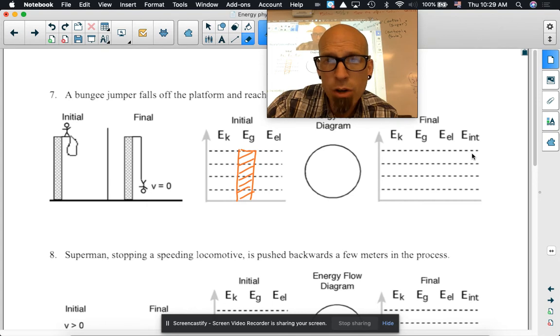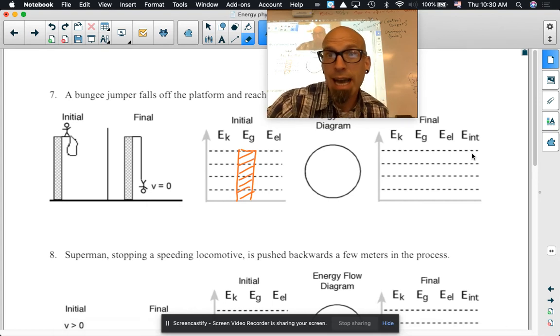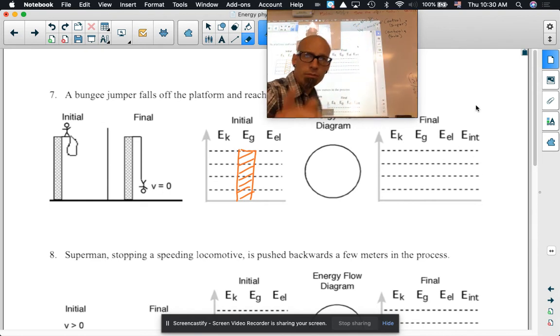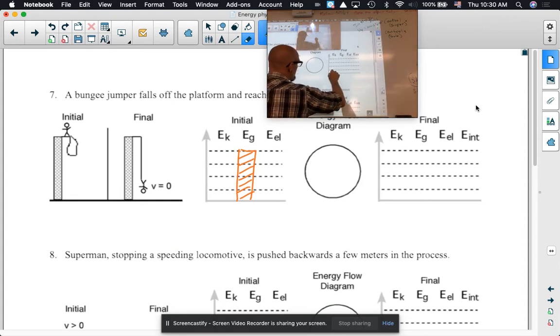Do we have any E internal? I probably would say no. I just don't put it in there unless I absolutely have to. Unless it's clear we've lost energy, I usually don't say that we have internal. So I'm going to say there's a little bit of EG, maybe a half a block of EG.